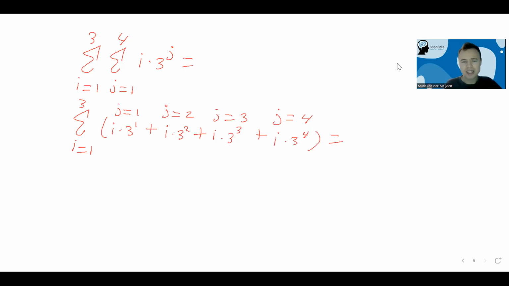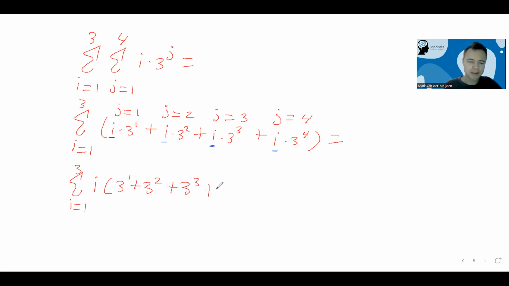We have 4 terms, but each term has an i in it. So we can get the i out of the brackets. So I put the i out of the brackets, and then I write down 3 to the power of 1, plus 3 to the power of 2, plus 3 to the power of 3, plus 3 to the power of 4.